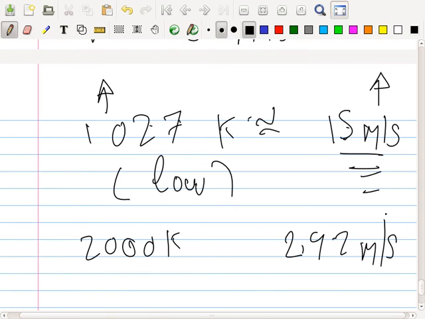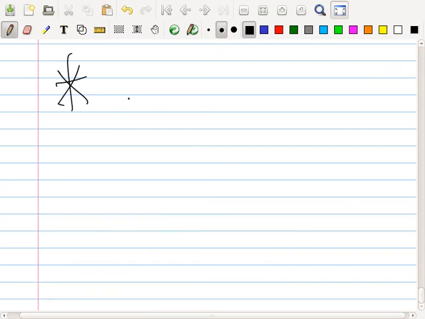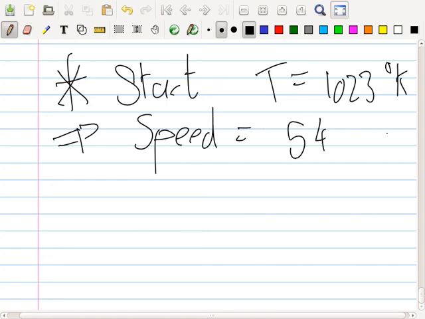That's 15 meters a second, so that's per minute, and then per hour. Ah, very good. Okay. So at the start, we said the temperature equals 1023 Kelvin, and that meant that the speed will equal 54 kilometers an hour.